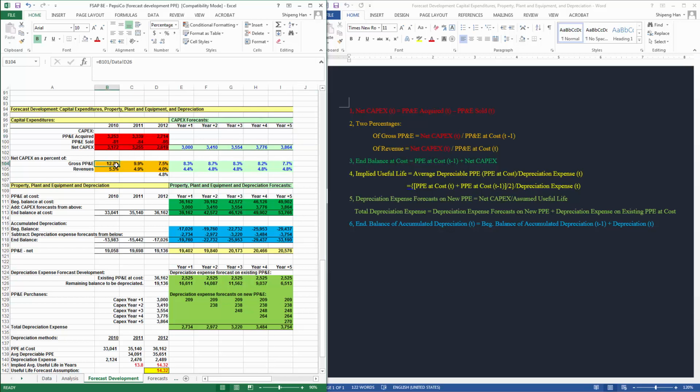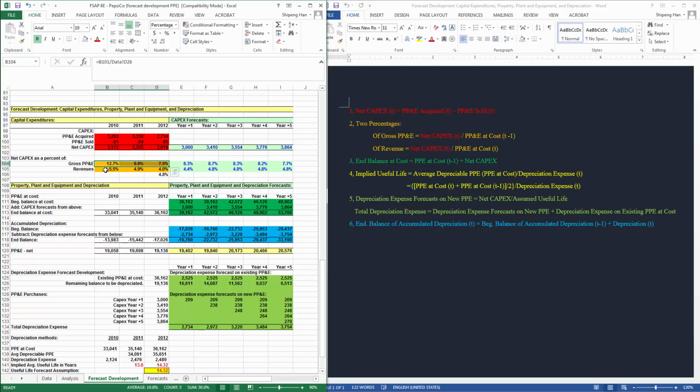So here the 12.1% represents, if the company has $100 total investment in total balance of PPE in the prior year, the company is going to invest $12.10 in the next year. Okay, so that's what the percentage represents.